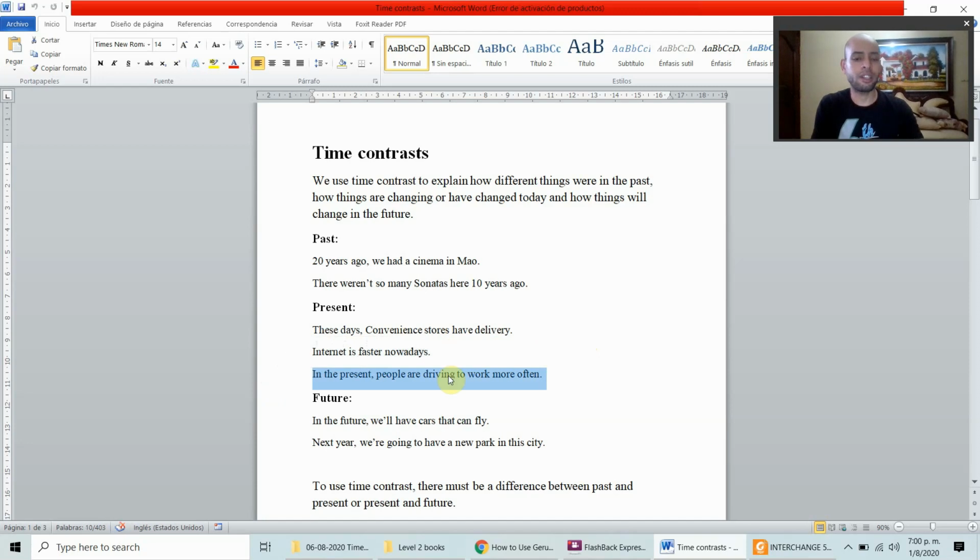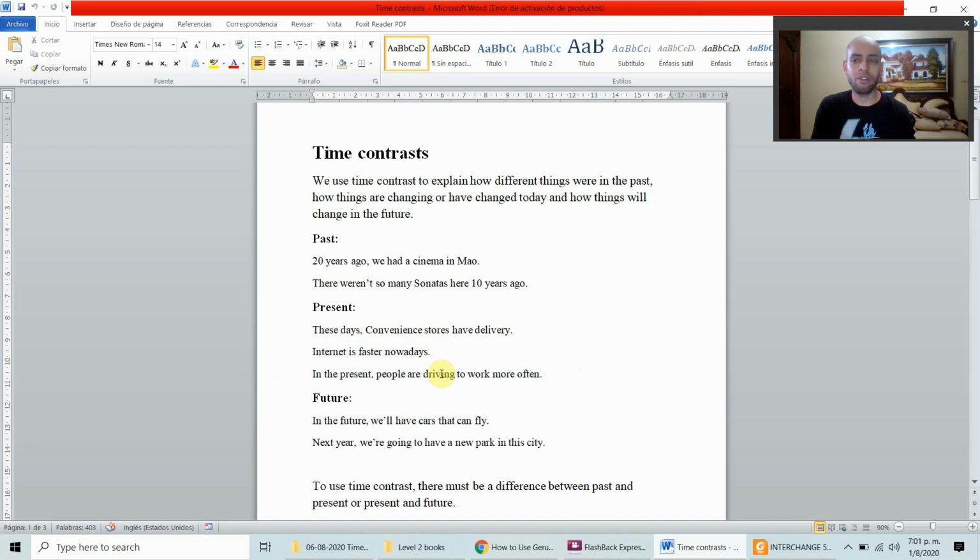So in the present, people are driving to work more often. Before, people weren't driving to work because, well, it might have been because most people didn't have cars, or most people didn't have motorcycles.